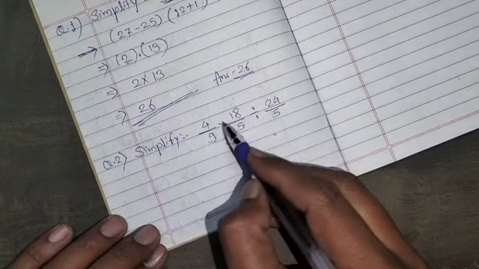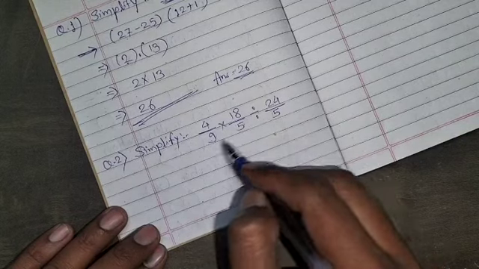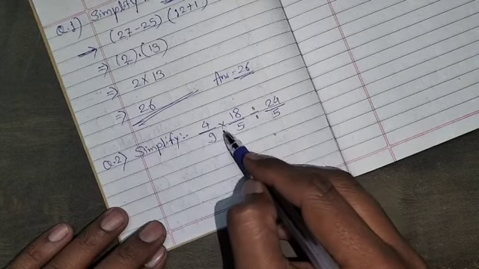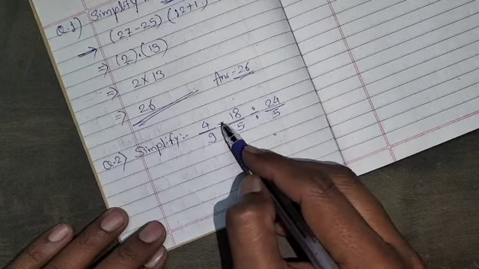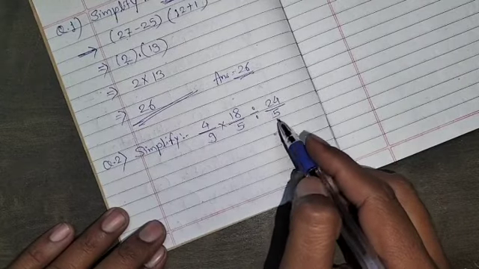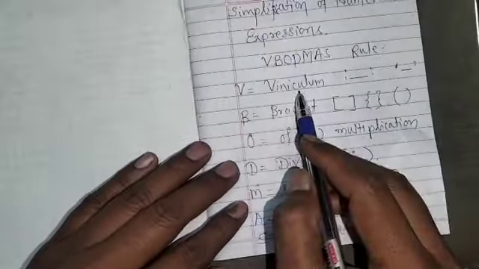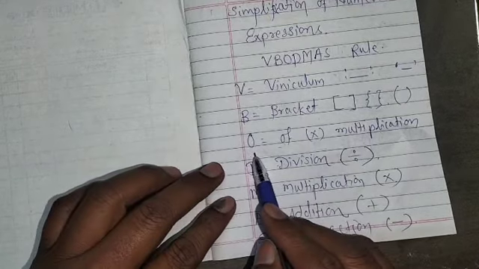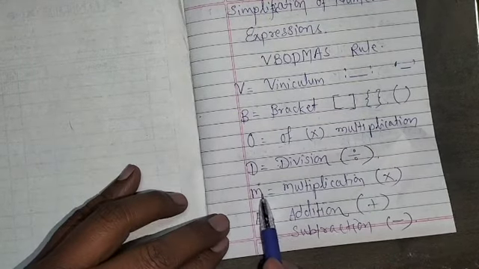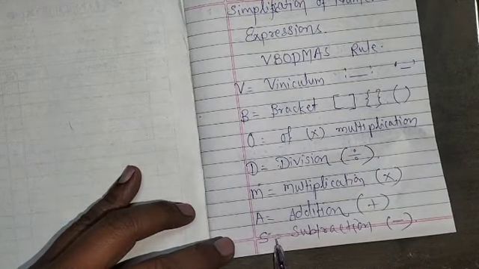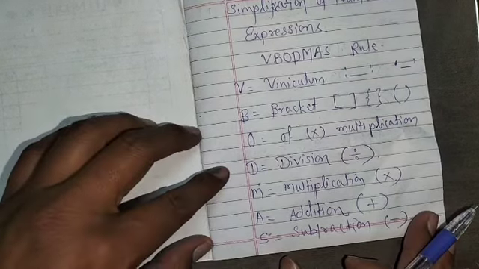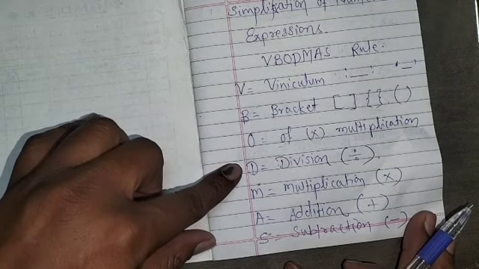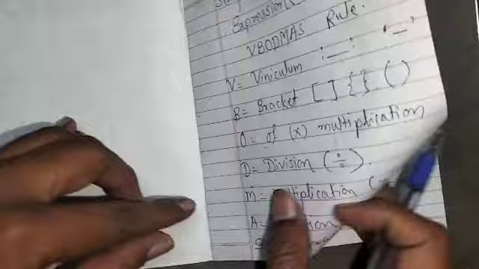As you see, here fractions are given, and here the operation is multiplication, here is division. So first, as per the BODMAS rule, we first solve vinculum, then bracket, then of, then division, then multiplication, then addition, and finally subtraction. So first we have to solve a division before multiplication.